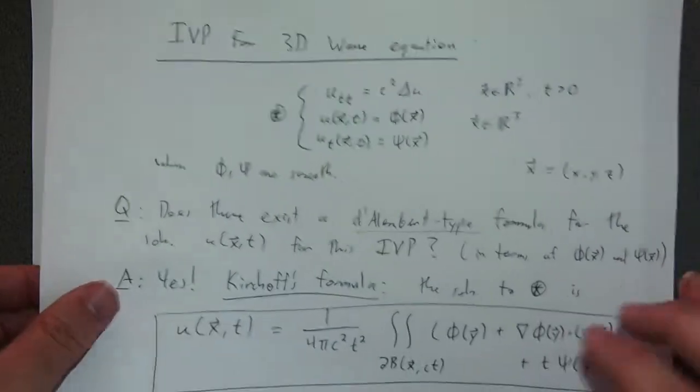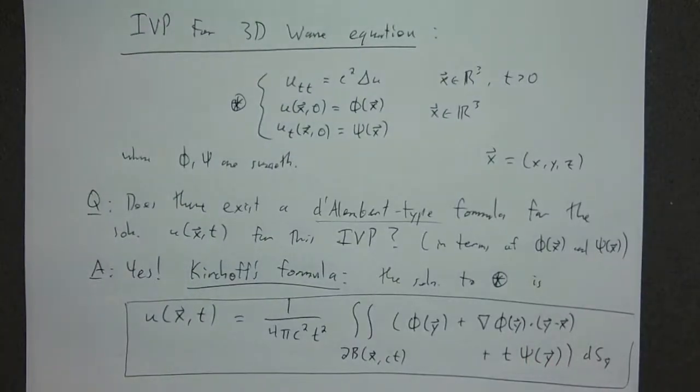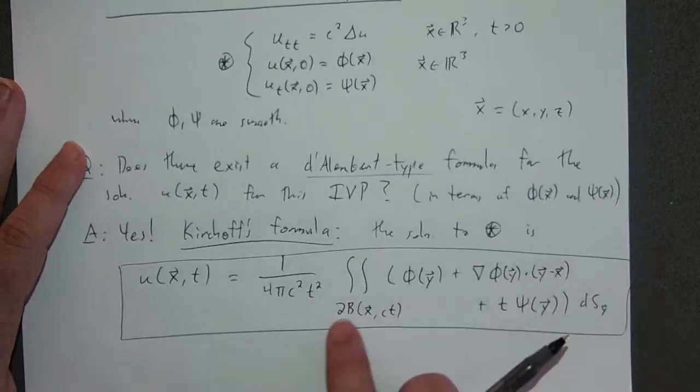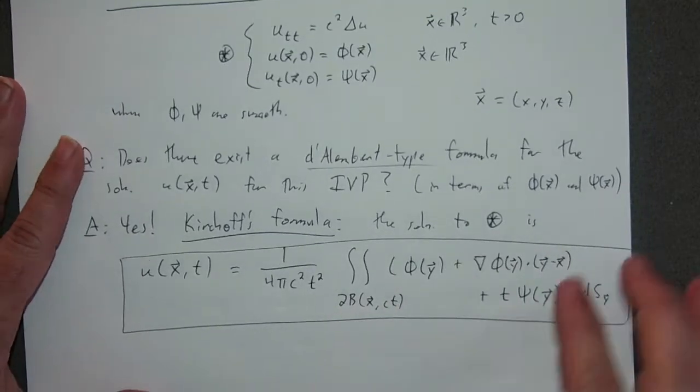So why does all of that matter? Well, let's go back to Kirchoff's formula that I have written here. The reason that matters is because the way that Kirchoff's formula is written down, this is an integral over the boundary. Now here's some other notation.